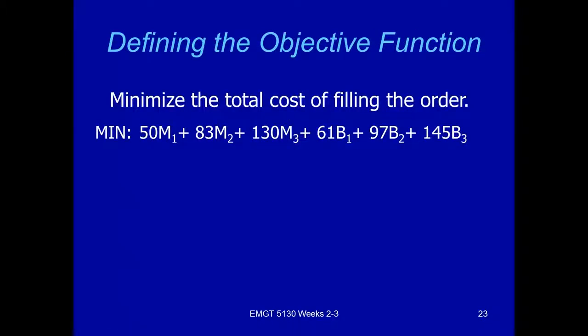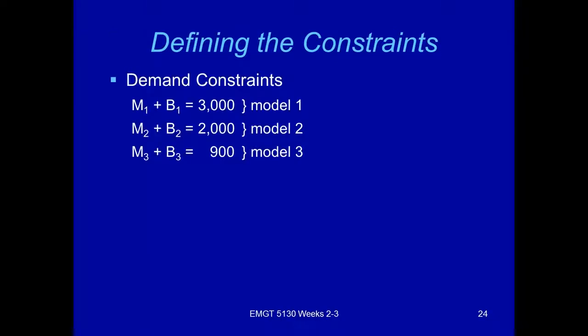Next, we formulated the objective function to minimize the total cost of filling the order, and the total cost includes two parts, the cost to make and the cost to buy. Then we defined the constraints. The number of slip rings of each model that we make and buy should fulfill the number ordered for each model.